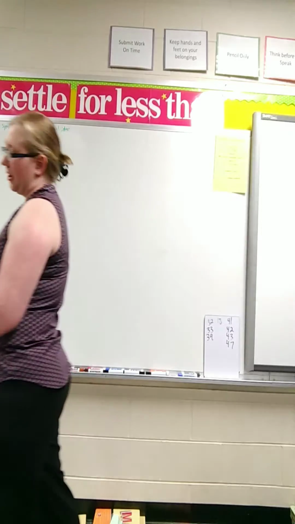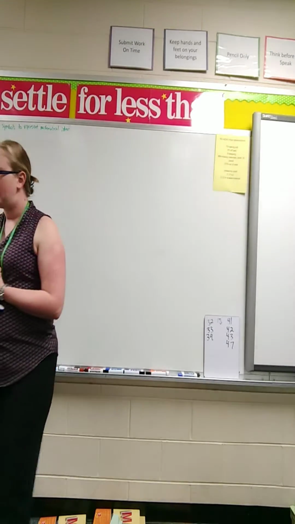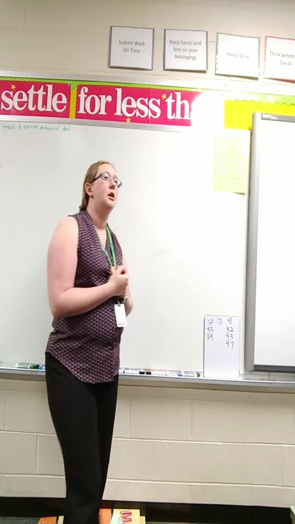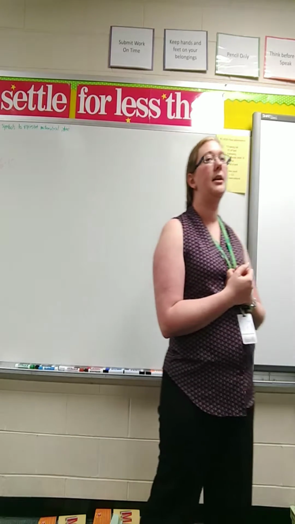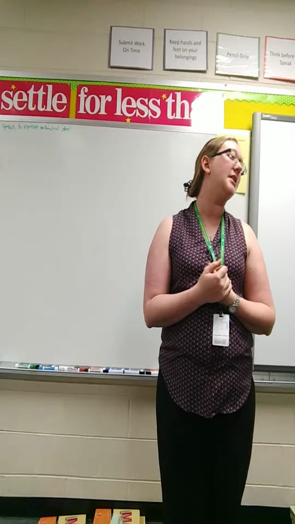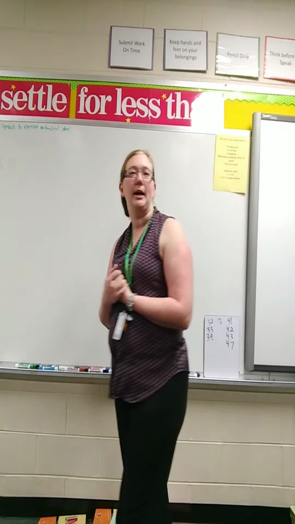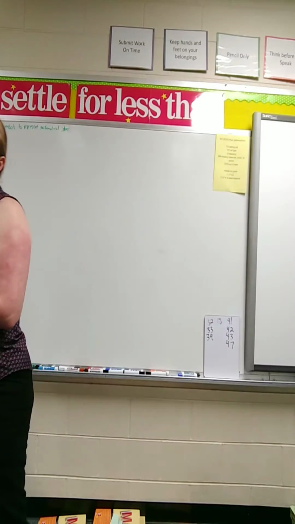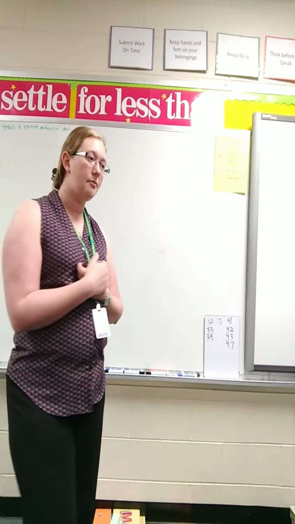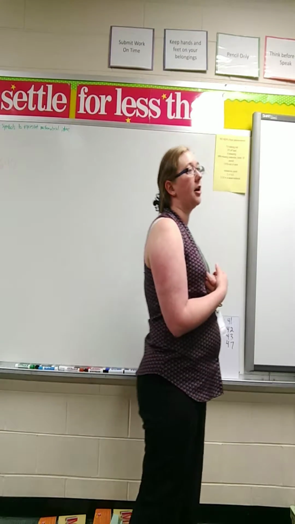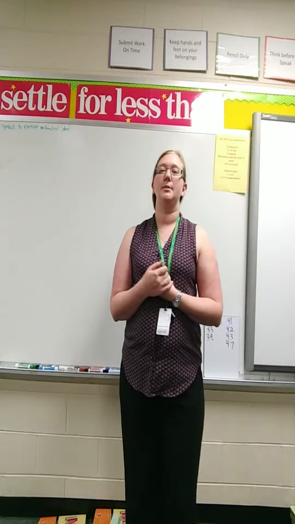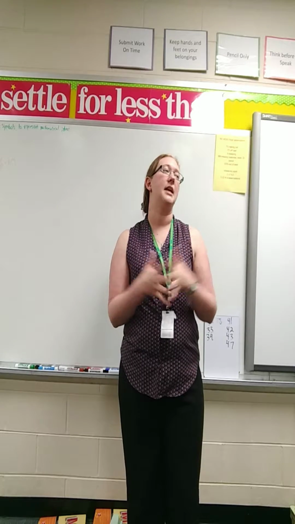A like term means that we have the same variable and only that same variable to the same power. For example, x and x squared are different terms. X and xy are different terms because while those are close, they're not the same.